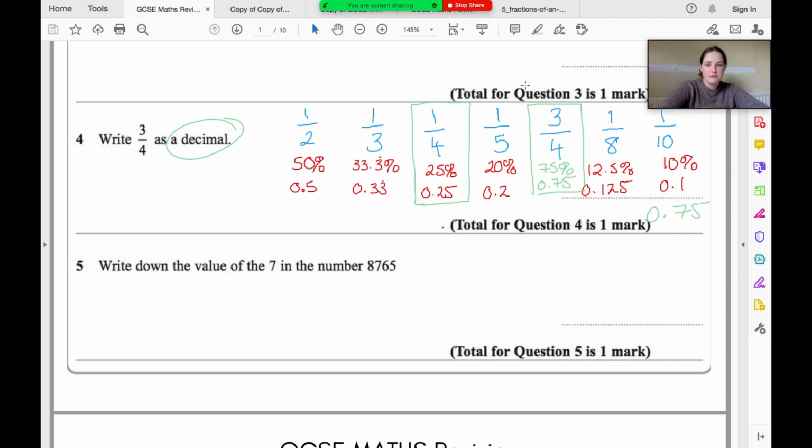The next question asks us to write down the value of the 7 in this number here. And if you read it aloud, 8,765, it's in the number, it's in the words.